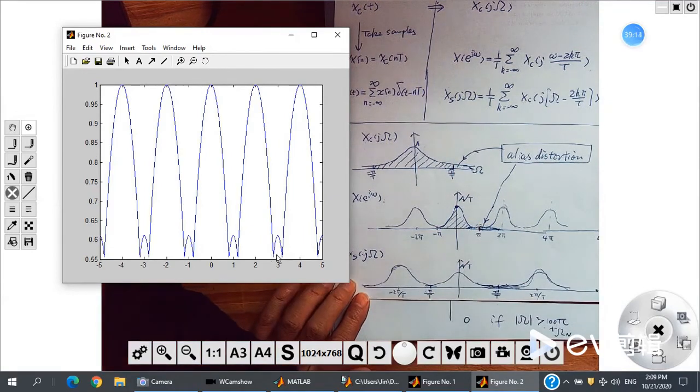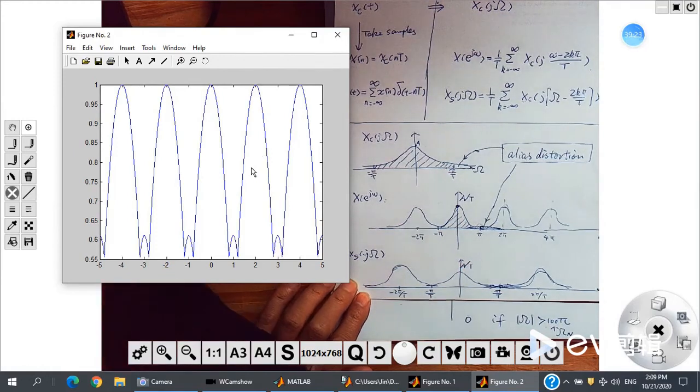So in this case, some information is mixed together. Each peak contains the whole information, but on the left and right side of each peak, something is mixed together, and it's very hard to separate them. Actually, you can't separate them. So we call this a distortion, alias distortion. It comes from here.